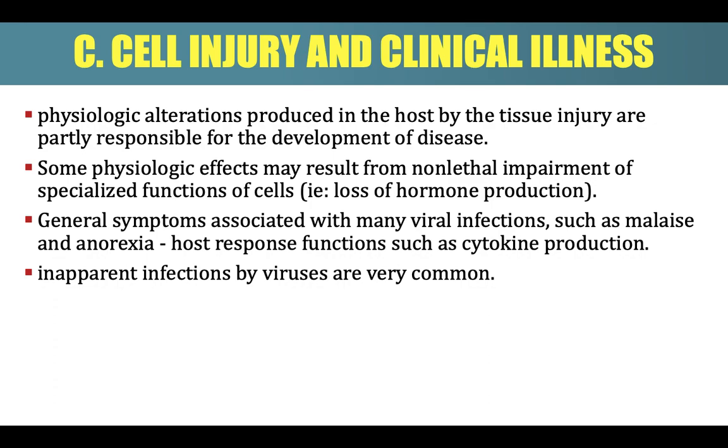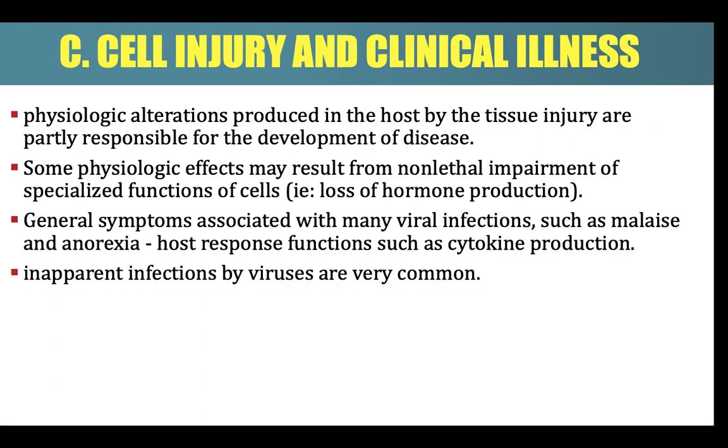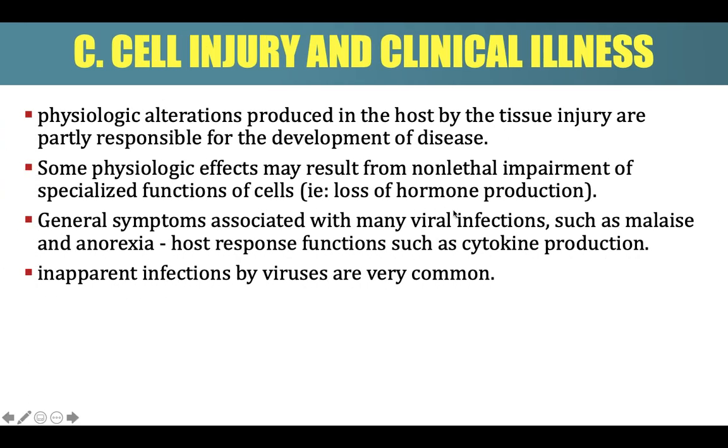So when our body produces a lot of cytokines, the general symptoms take place. Clinical illness is an insensitive indicator of viral infection. Inapparent infections by viruses are very common. That's the third step of viral pathogenesis.